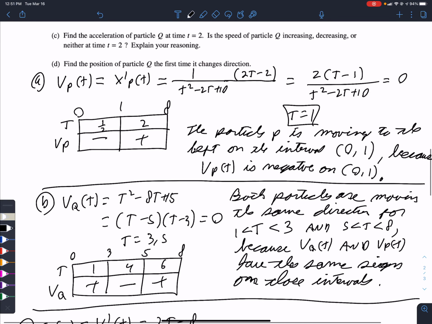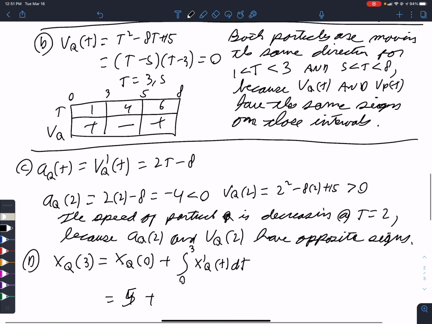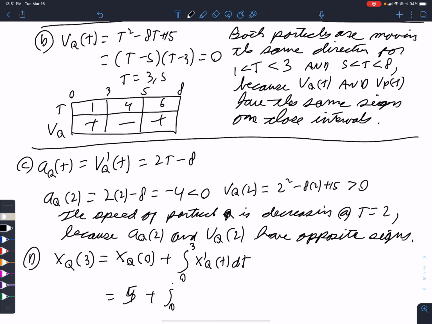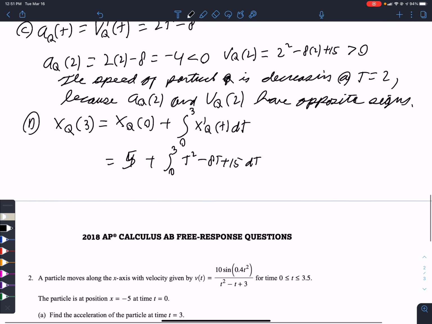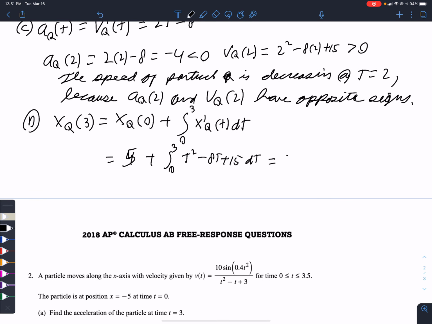Where's VQ? Okay, so we want to integrate from 0 to 3 t squared minus 8t plus 15 dt. And I have to do that by hand. So it's going to be t cubed over 3 minus 8t squared over 2 plus 15t from 0 to 3.